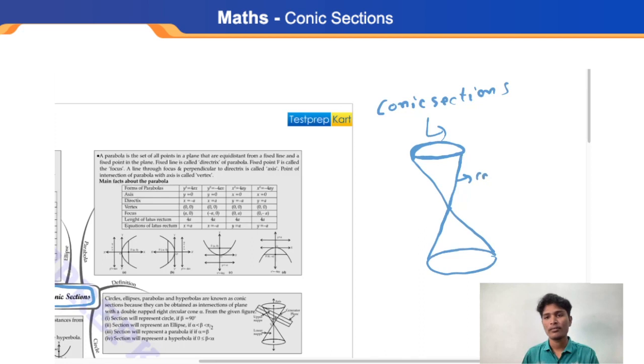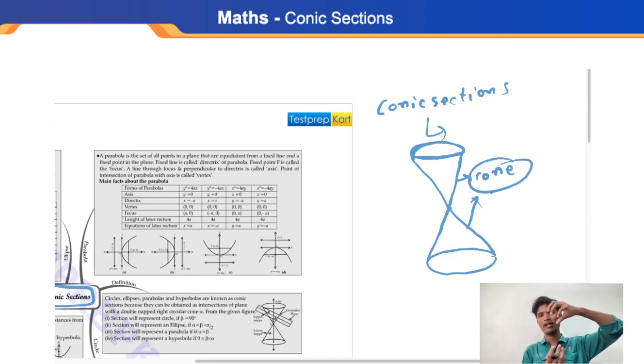Very important. These are the 2 cones. These 2 cones are inserted like this, that is reversed. When you observe very carefully, these 2 touch at the vertex, these vertices.